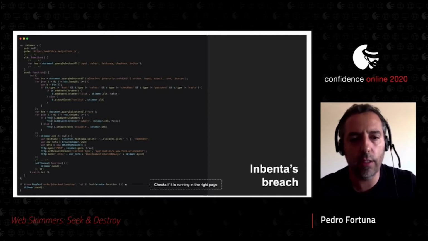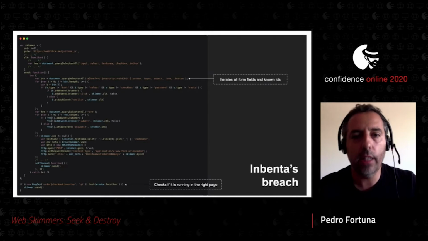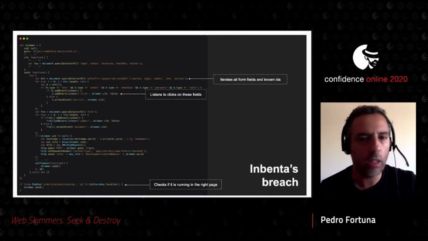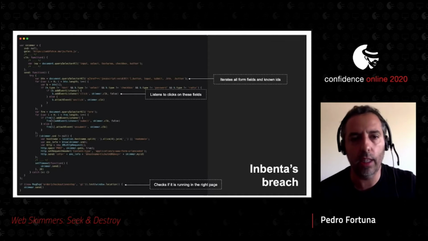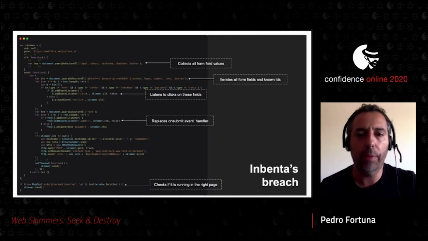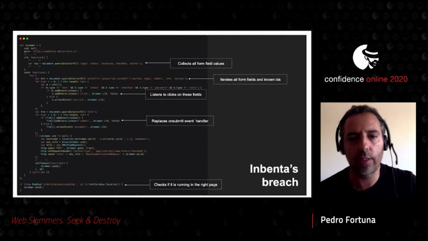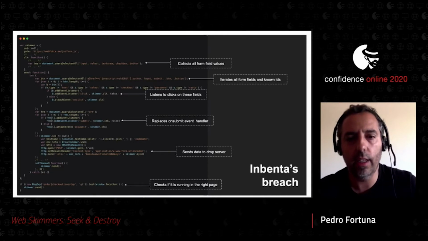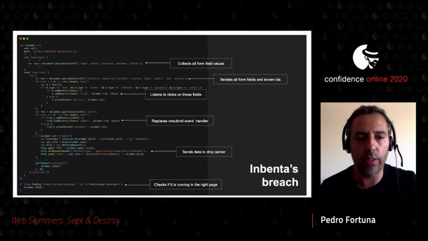So basically, it's first checking if it's running in the right page: order, checkout, or one step. Then it iterates all form fields and known IDs, installs event listeners on click events, collects all form field values, replaces the on-submit events, installs its own event listener, and eventually sends the scheme data to the drop server.